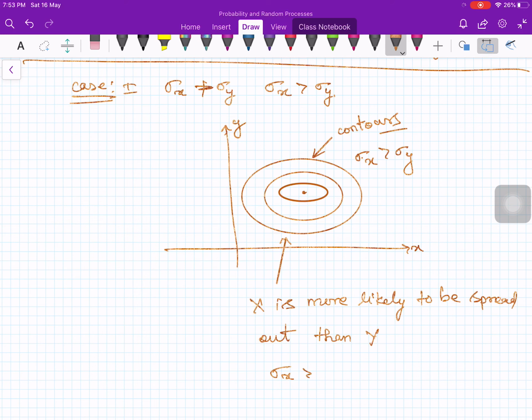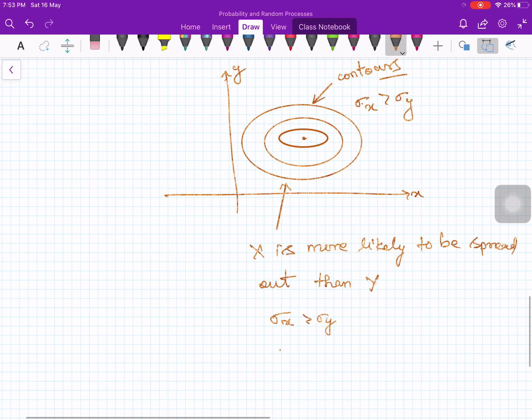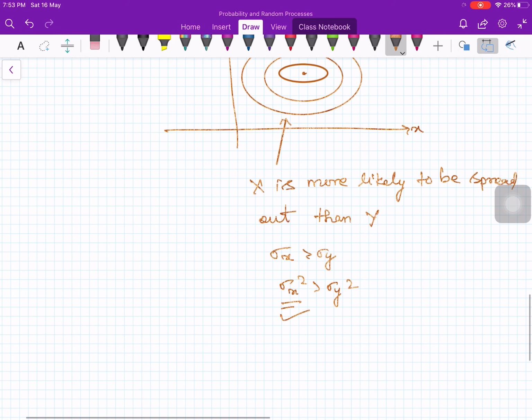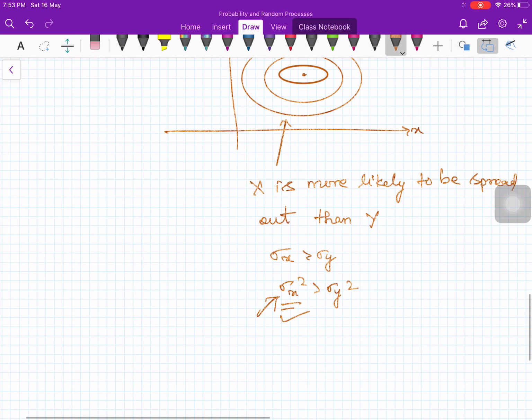When sigma x is greater than sigma y, that implies sigma x square is greater than sigma y square. Basically sigma x square is the variance of the random variable x. If variance is more, then it spreads out a lot. Therefore the spreading of x is greater than the spreading of y.